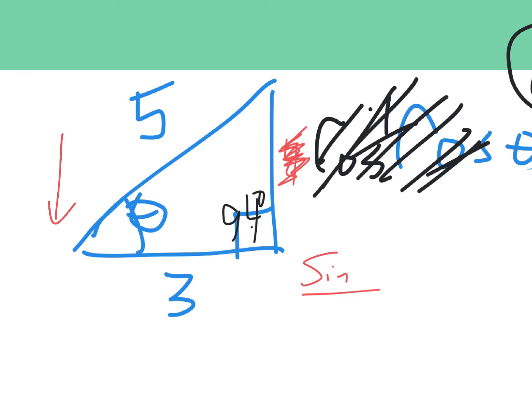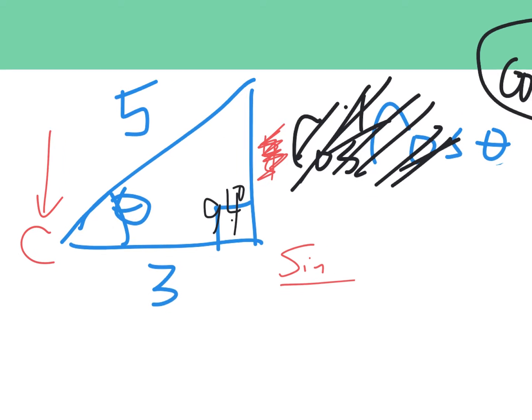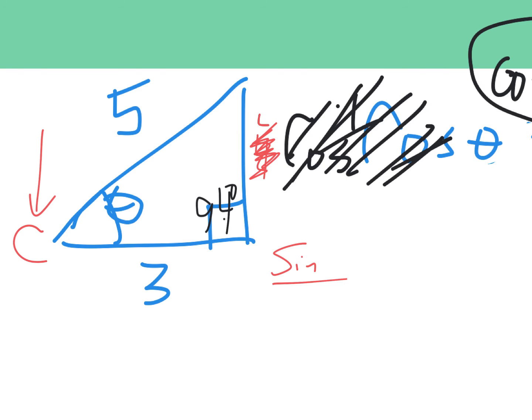When it's not a right triangle, you should have your key angle be C. All right, and that makes this side over here little c. And then, Joe, you get to pick. Do you want 5 to be A or 3 to be A? Don't care. All right, so this will be A and this will be a. And then that leaves this to be B and this is little b.